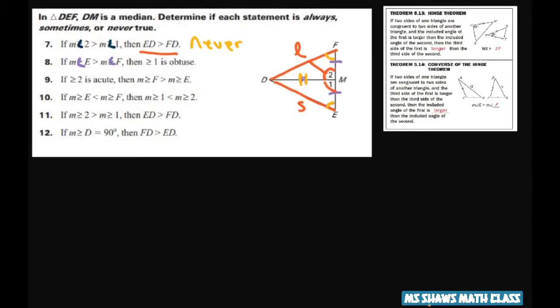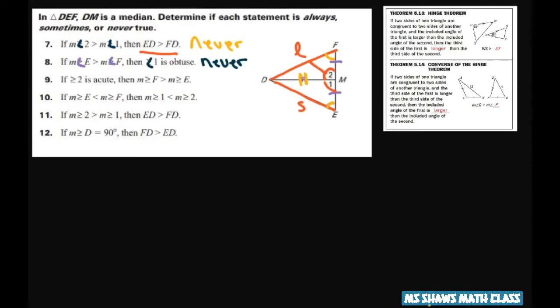If this is the same side, then these two have to be congruent. Then it says angle 1 has to be obtuse. So I'm just going to put never because it can never be greater anyway.